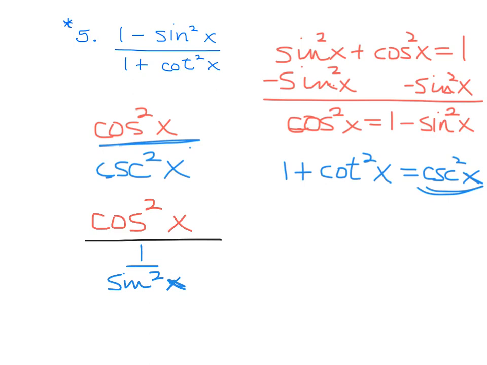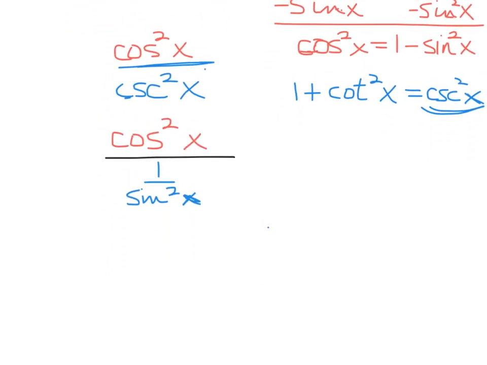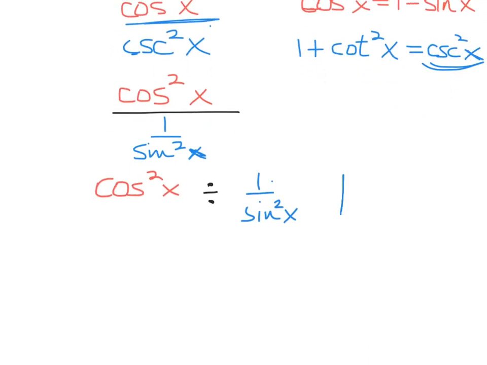The black fraction bar means to divide these. So I'm going to do a keep flip change, or a keep change flip. So really what I'm doing here is cosine squared x divided by 1 over sine squared x, keep flip change, or keep change flip.